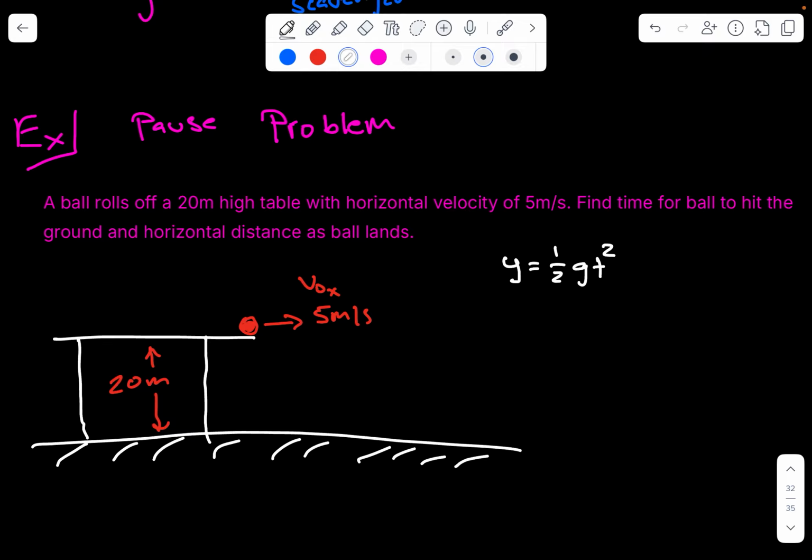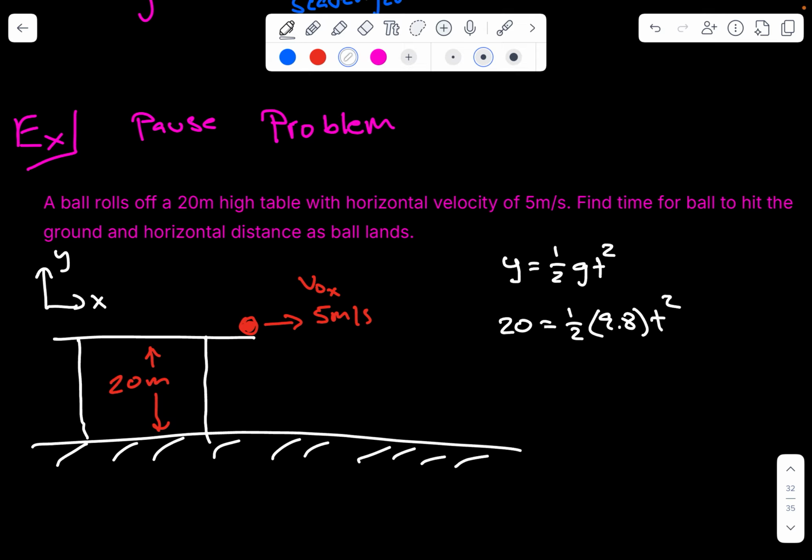So let's go ahead and get started. So y is our initial height, right? So if we have our coordinate system like this, y would be 20, is equal to 1/2 g, g is 9.8, and then t squared. T is what we're trying to find.